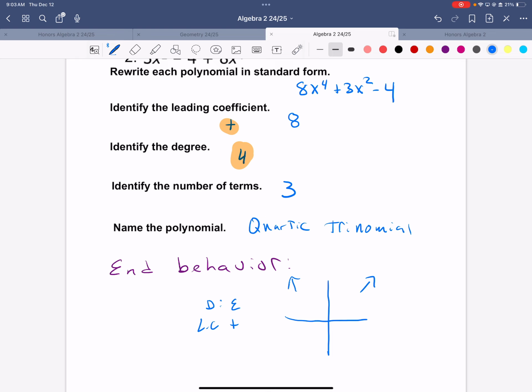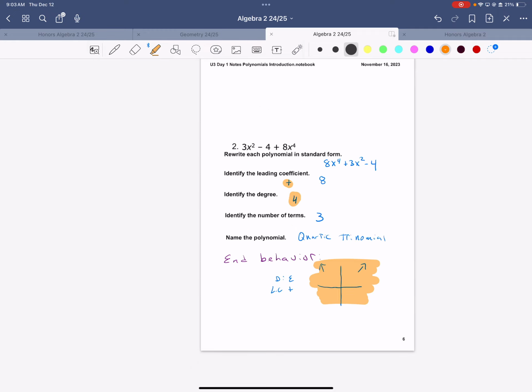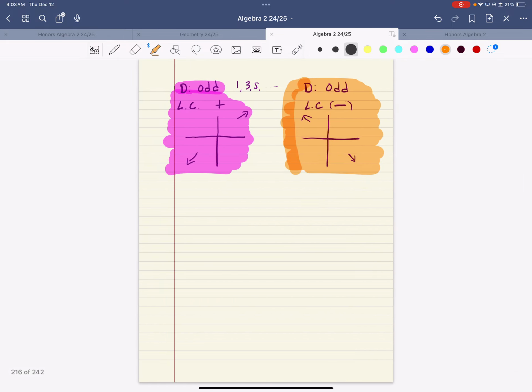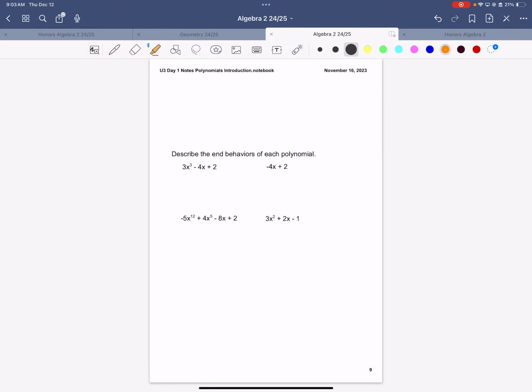And that's all you have to do when you're doing end behavior. This is your answer right here. When you're asked for end behavior, we're asking you to draw that. Any questions with that one?